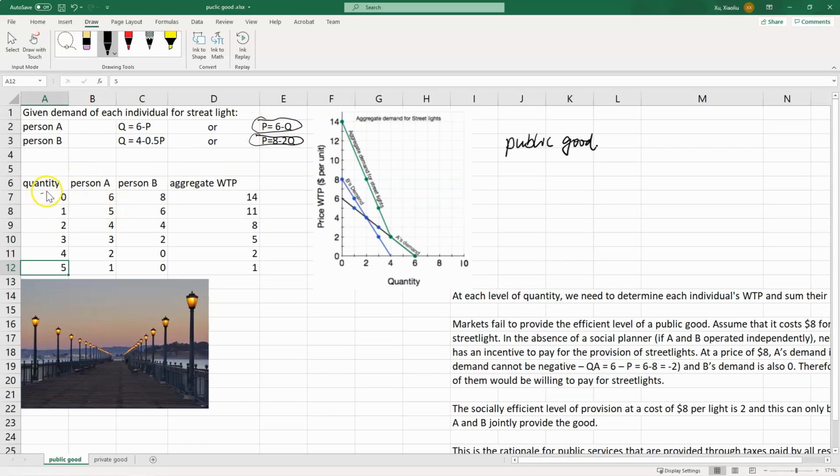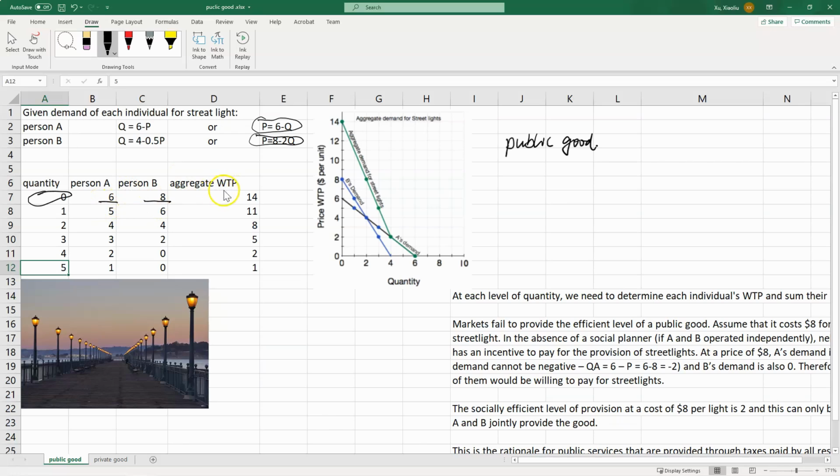And at each level of quantity, we need to find A's willingness to pay for one more unit of street light, and also B's willingness to pay for one more unit of street light.